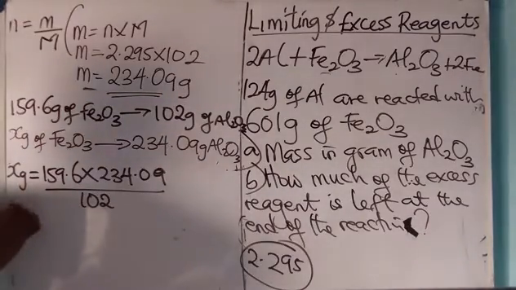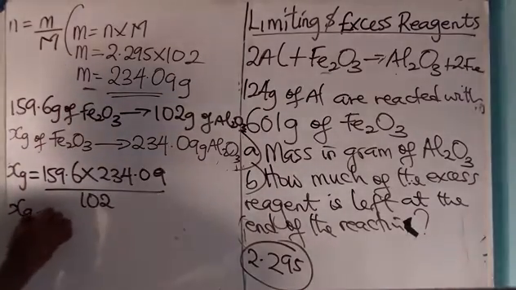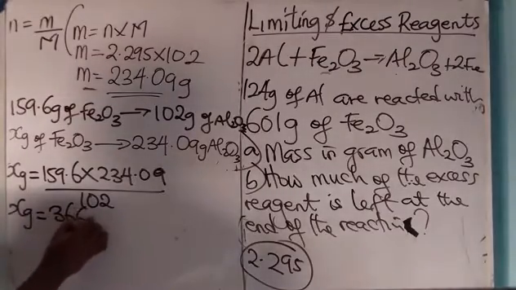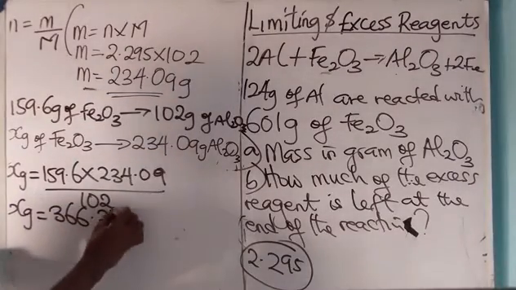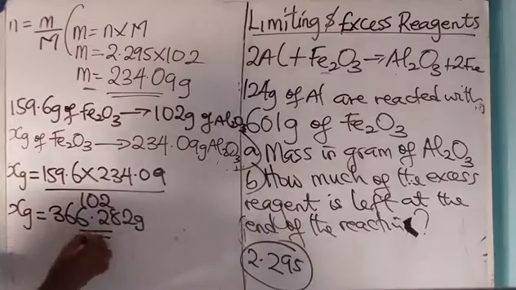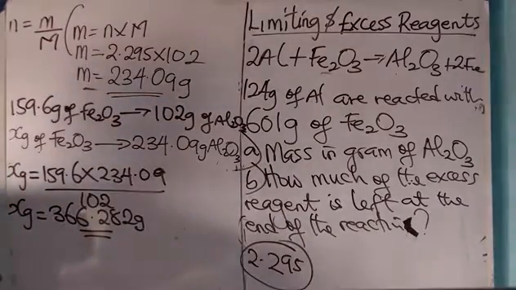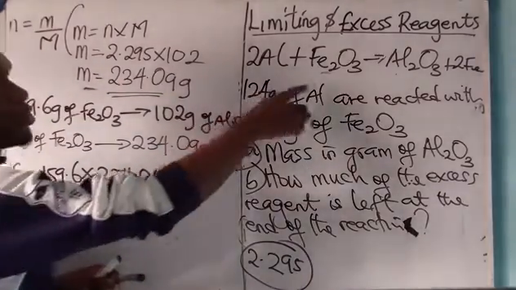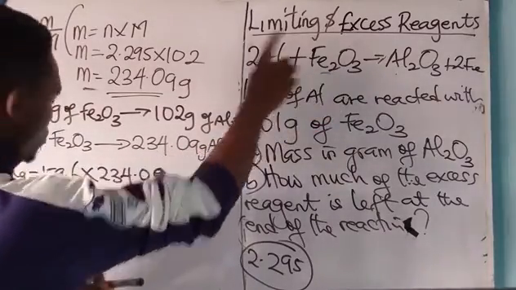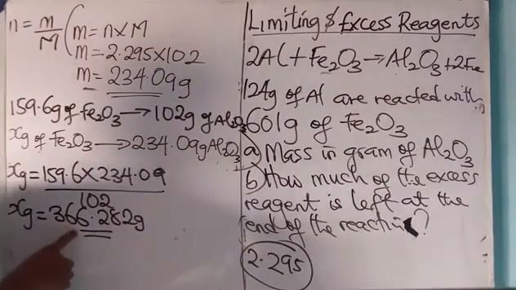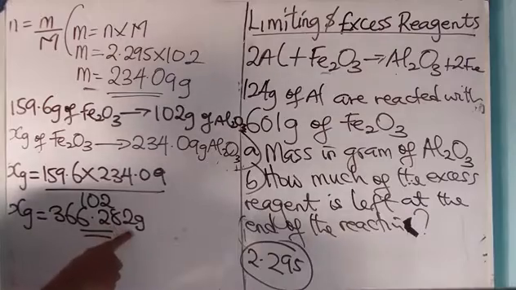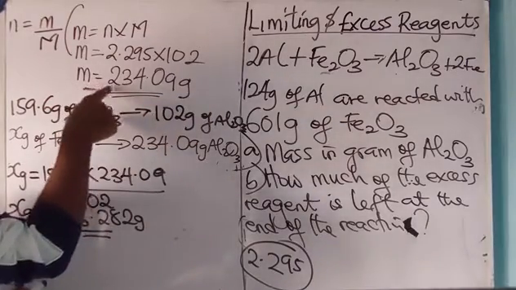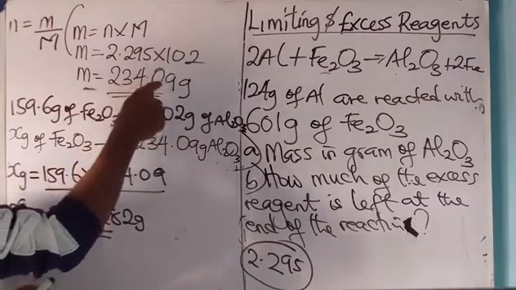So S gram becomes 366.282 grams. All right, so the grams of iron 3 oxide now is 366.282, while that of aluminium is 234.09.